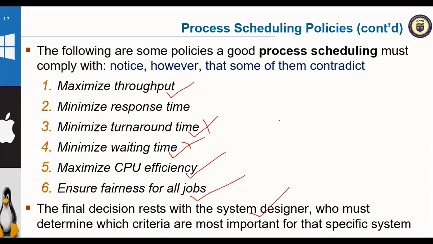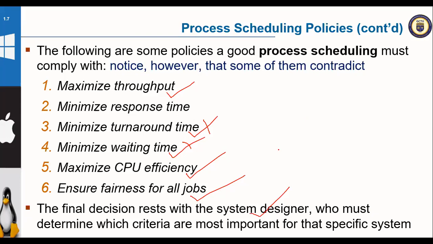If that is the case, then those in the normal queue can wait for the rest of their lives. But if the hospital is interested in taking care of the general well-being of clients, then they must find a way of balancing the two. So the final decision rests with the system designer, who must determine which criteria are most important for the system that they are designing.